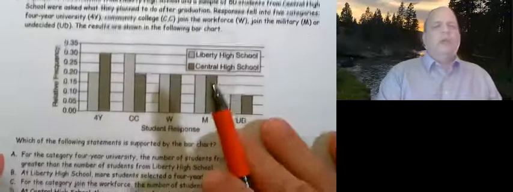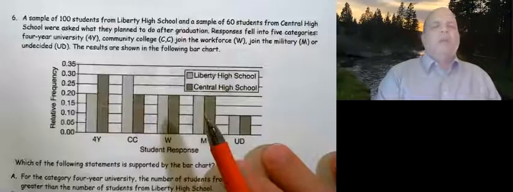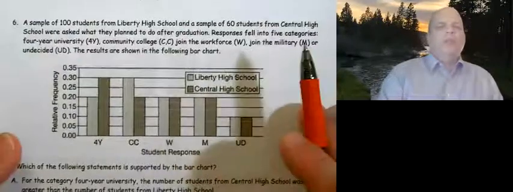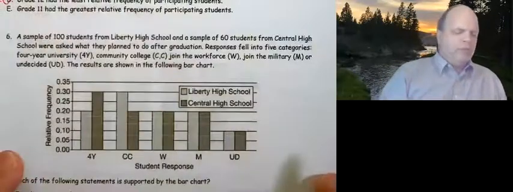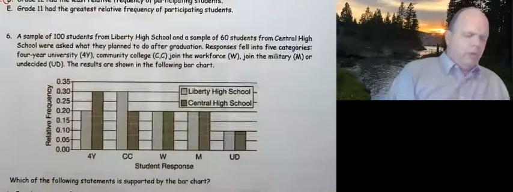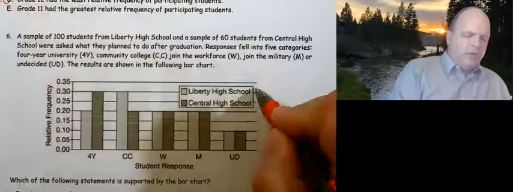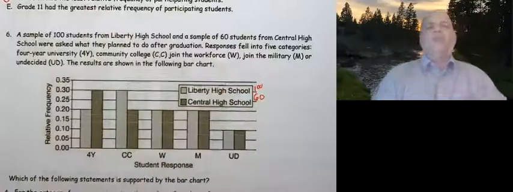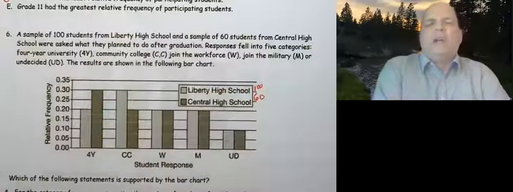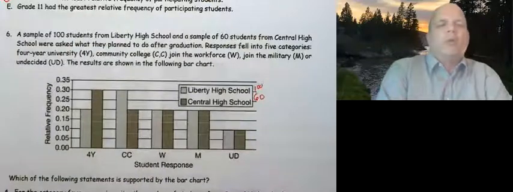All right, continuing on. A sample of 100 students from Liberty High School and 60 students from Central High. This is really important. So Liberty High School has 100 students and Central High School has 60 students. So consequently, we actually have some numbers to work with.